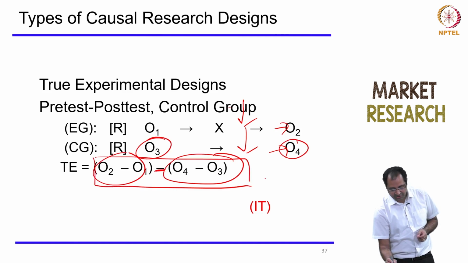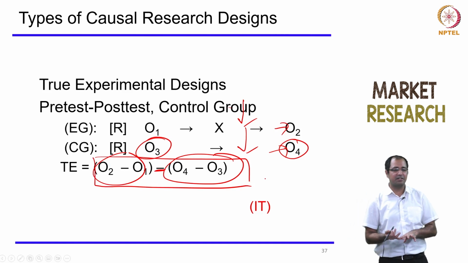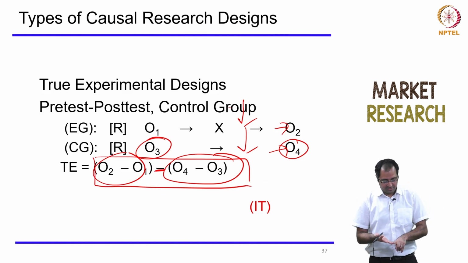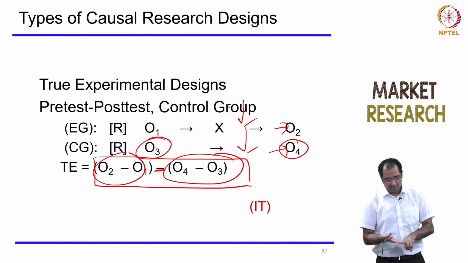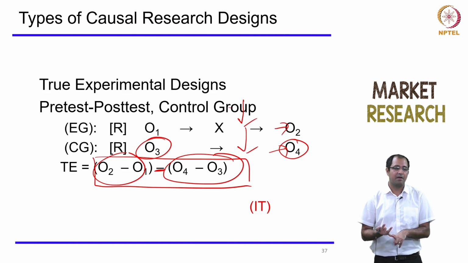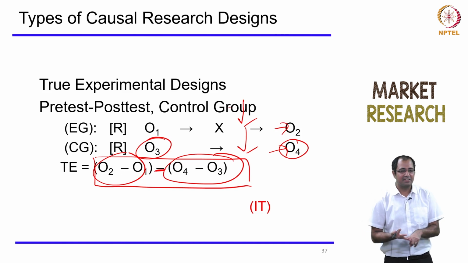T is the total effect. You are taking care of maturity, history and many other effects. So I can clearly say that when you are using a control group, maturity and history get taken care of.